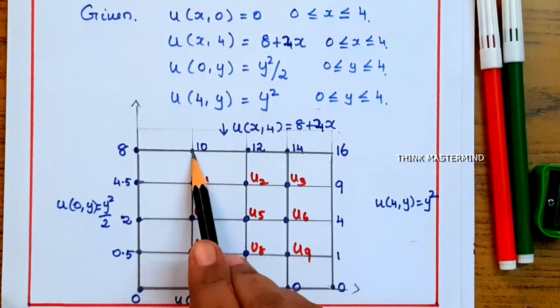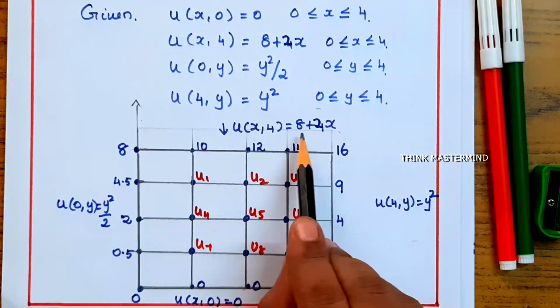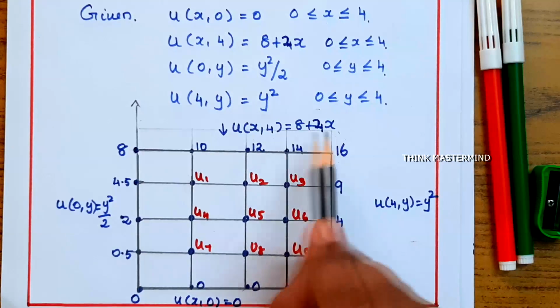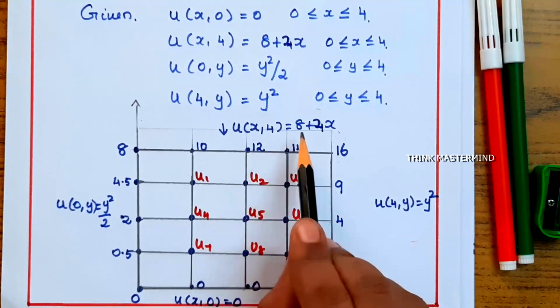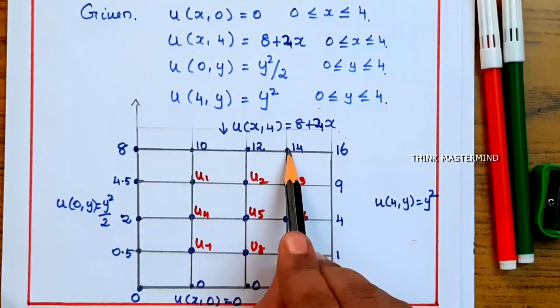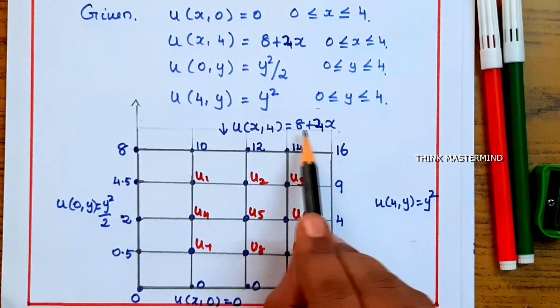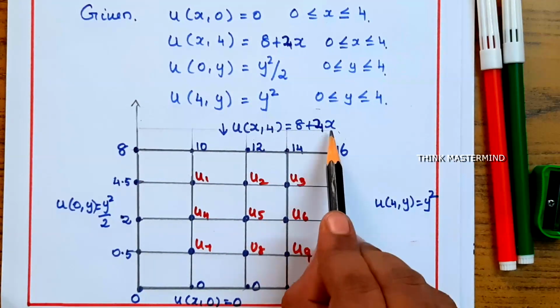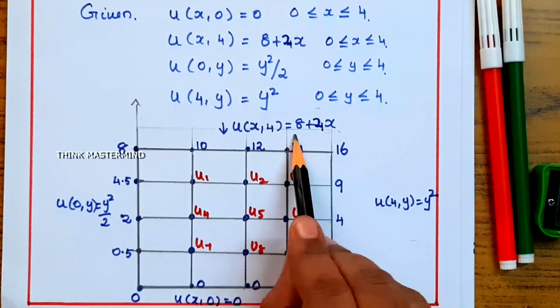If x is equal to 1, 8 plus 2x is 10. Similarly, x is equal to 2: 8 plus 2 2s are 4, that is 12. Similarly, x is equal to 3: 8 plus 3 2s are 6, that is 14. Similarly, x is equal to 4: 2 4s are 8, 8 plus 8 is 16.